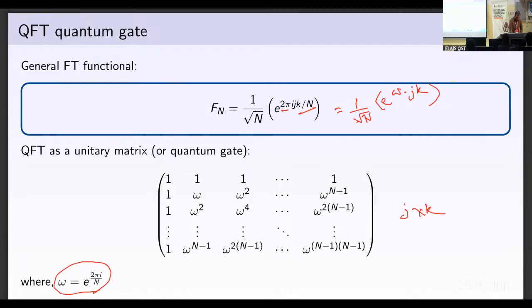So this is the 0, 0 element. This is the 0, 1 up to n minus 1. And here also it's 1, 0, 2, 0, and so forth, up to n minus 1, 0.